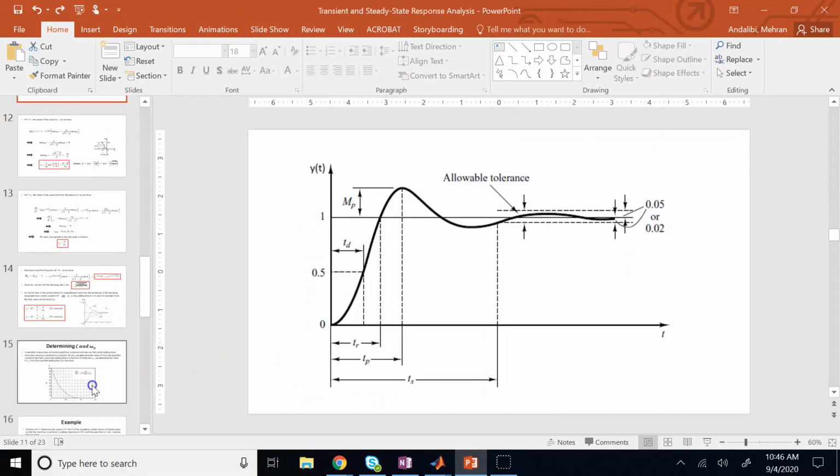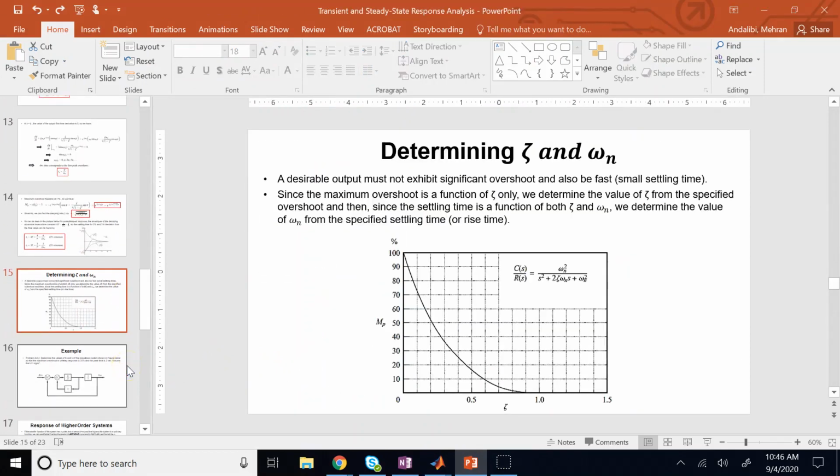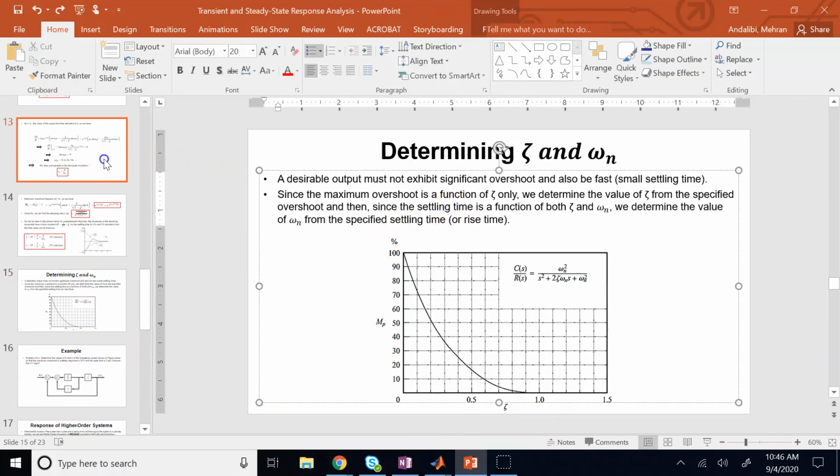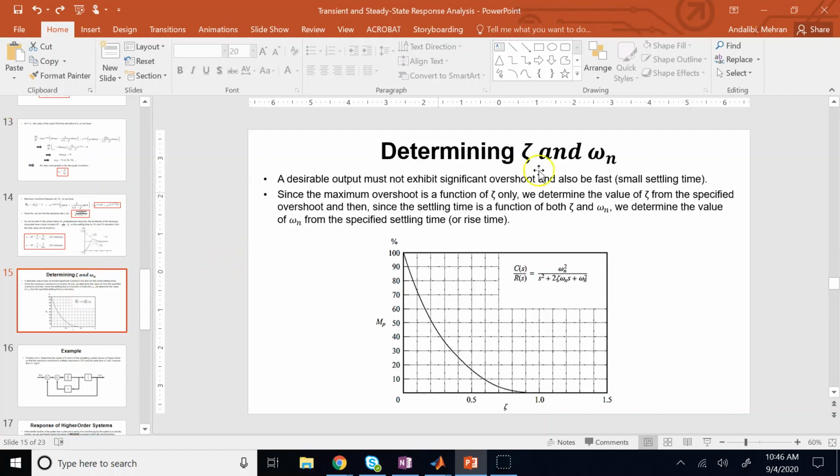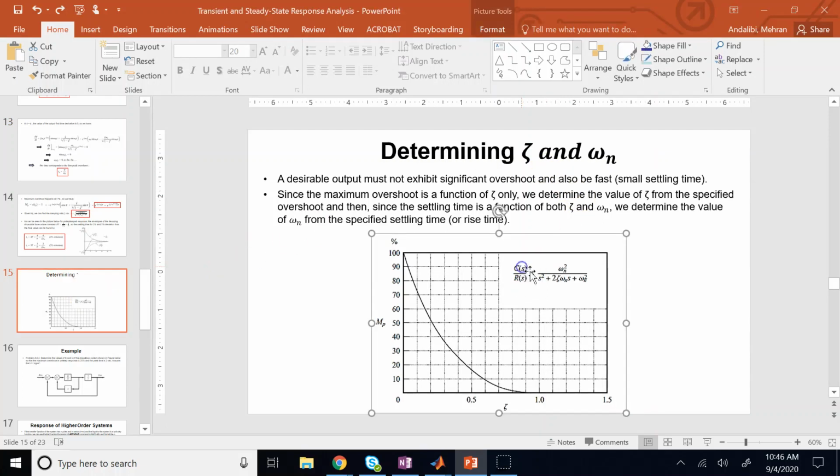Okay, so we went over lots of things. Now, in many examples that you solve in this chapter, they give you some of these performance measures, like a settling time and the maximum overshoot, and then they ask you what the transfer function is. If you want to find the transfer function, the only two unknown parameters are zeta and omega n.